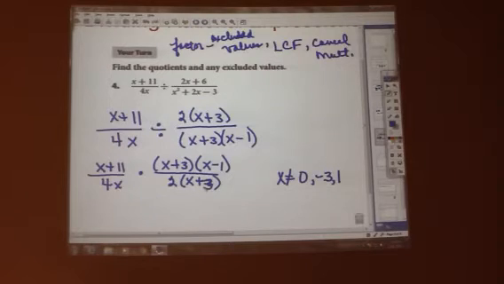Now cancel. The x plus 3's will cancel. That's it. So that would leave us x plus 11, x minus 1, over, I'm going to go ahead and multiply the 4 and the 2, 8x. Excluded values right there.